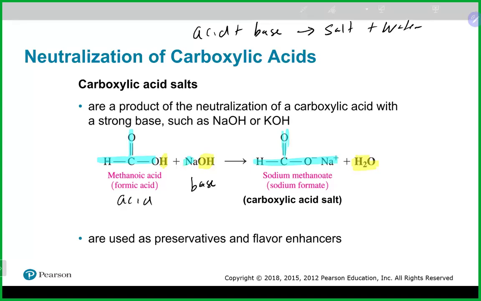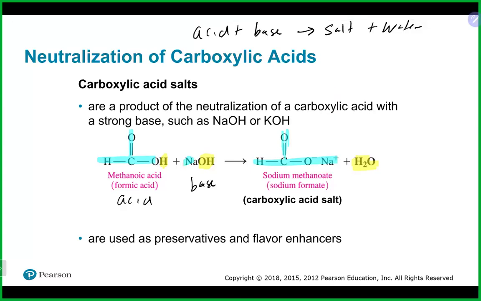The sodium is just hanging out to balance out the charge. But when this guy goes off, this guy then becomes negative, which is what we see over here. And we get a salt and obviously water that is formed in this case. So this is still really our double displacement reaction that we talked about in that chapter.